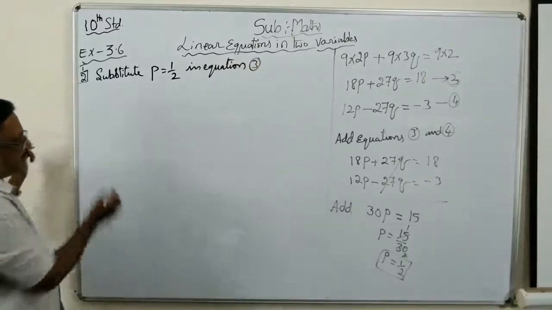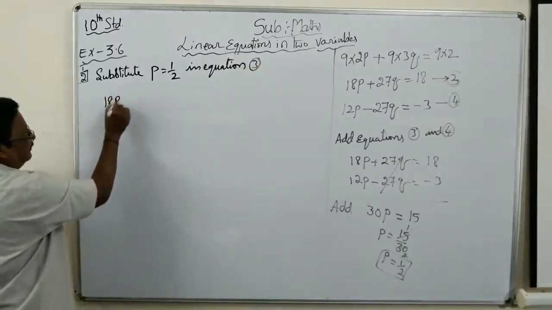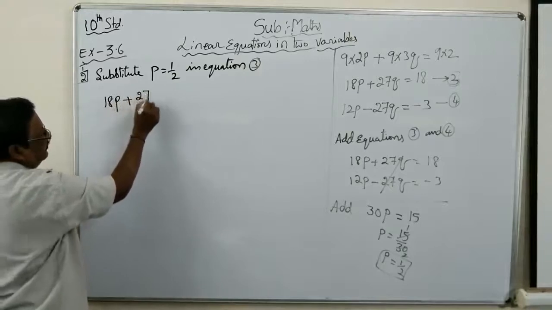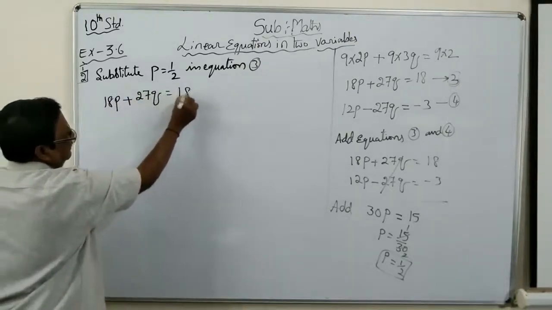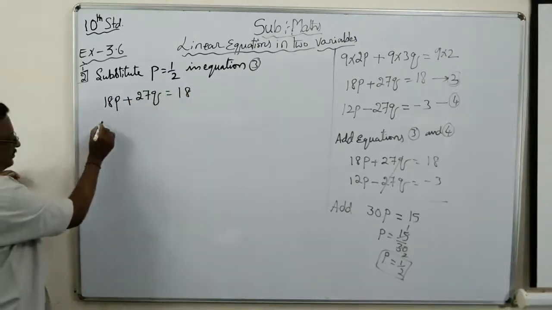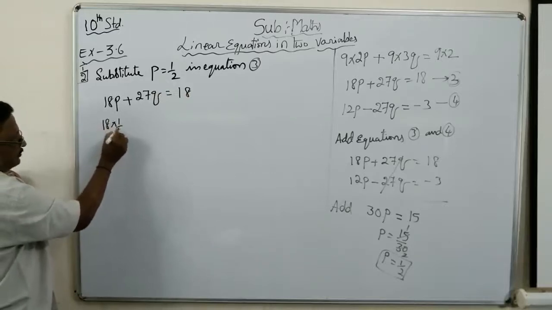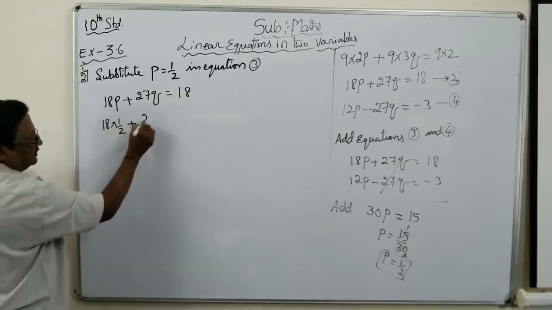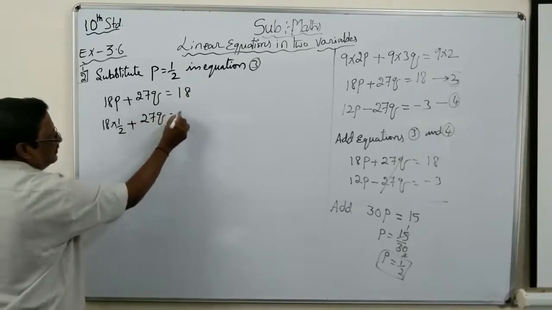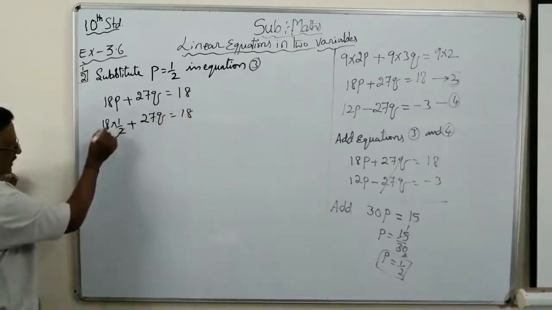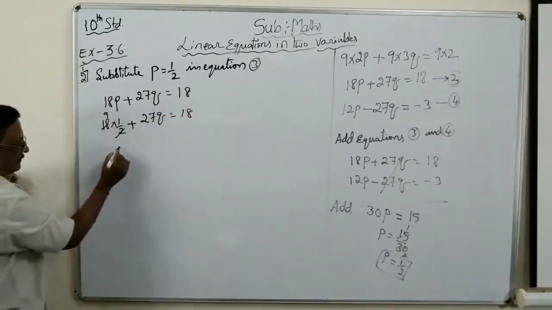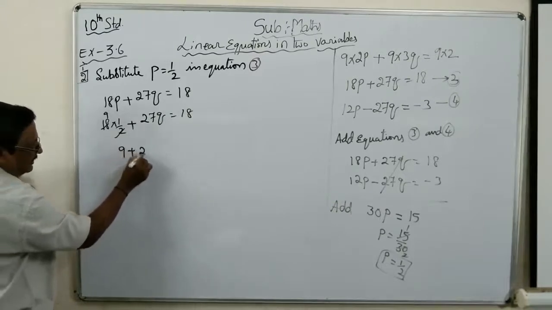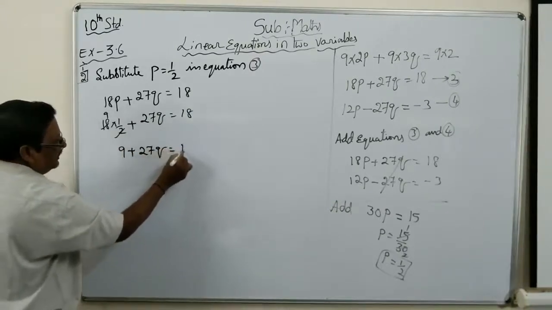What is equation 3? 18p plus 27q is equal to 18. What is the p value? 18 into 1 by 2 plus 27q is equal to 18. 2 ones are 2, 2 nines are 18, so 9 plus 27q is equal to 18.